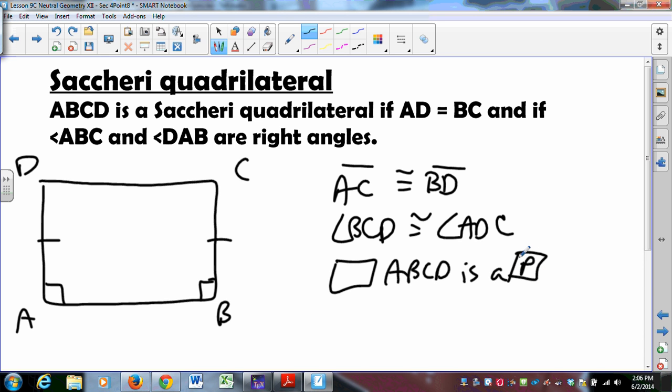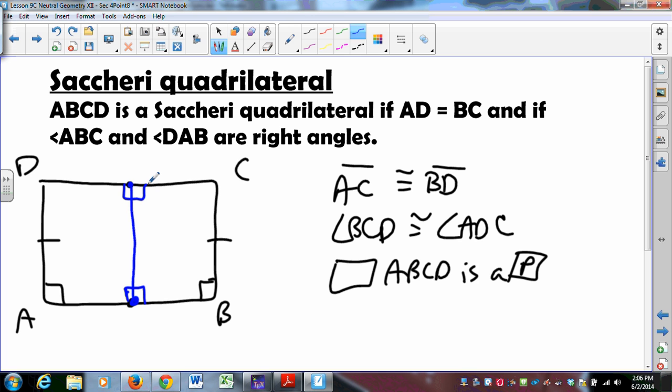That's not bad. He was able to prove that it's convex because it's a parallelogram. He was able to prove that the segment joining the midpoint of AB and the midpoint of CD, if you were to draw that segment in, is perpendicular to both.